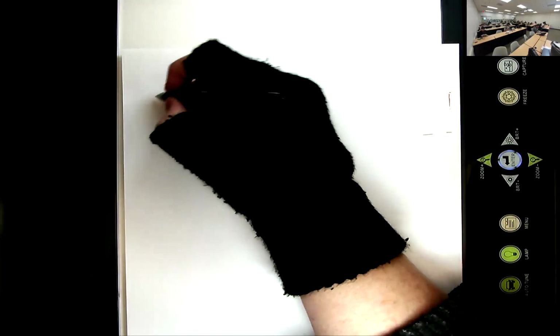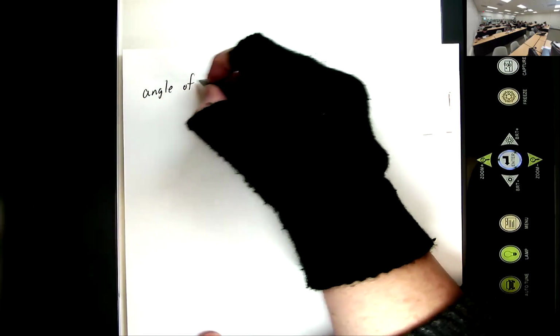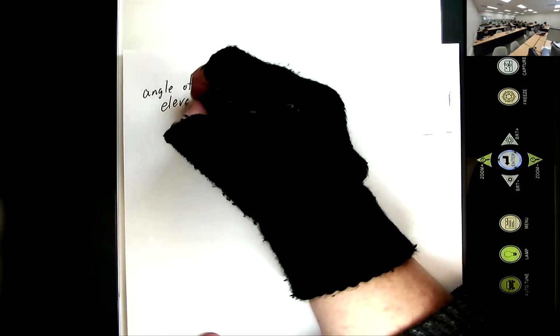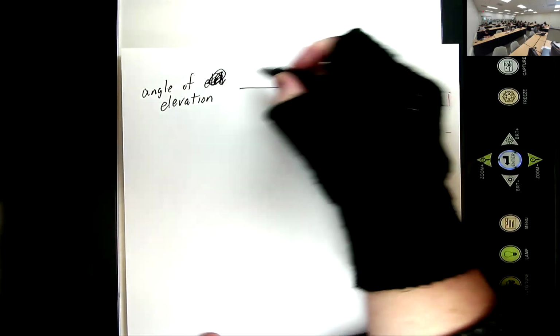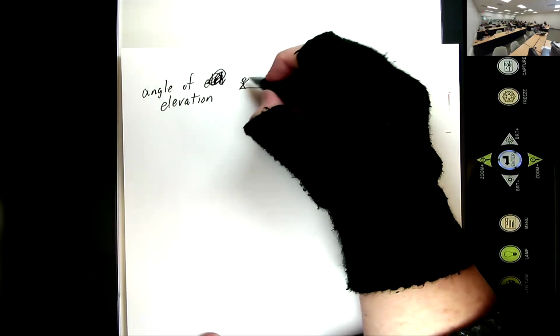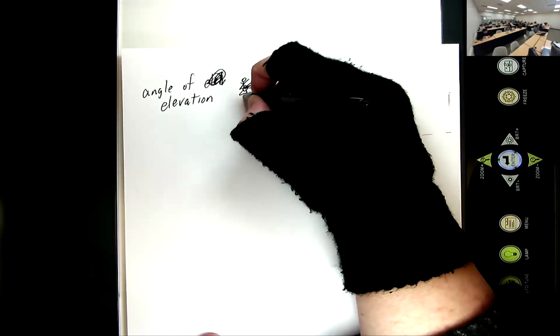Alright, let's up our game here. A couple of new ideas are the angle of elevation. If I'm standing here, and maybe I should say my camera is on the ground, that's my camera.